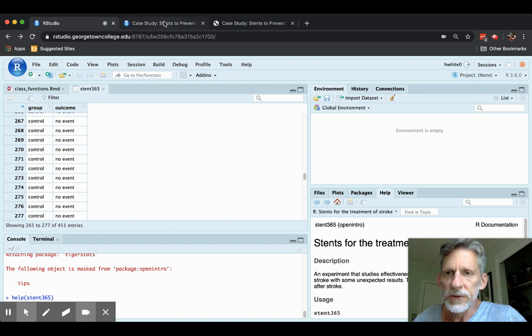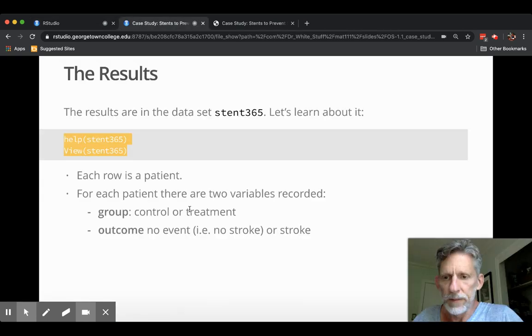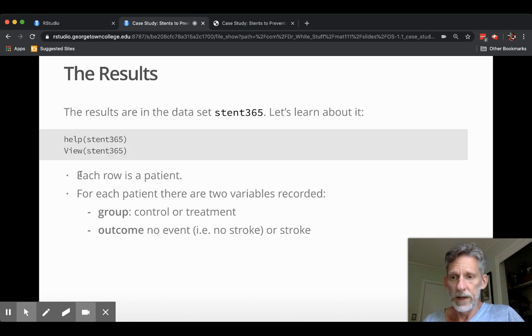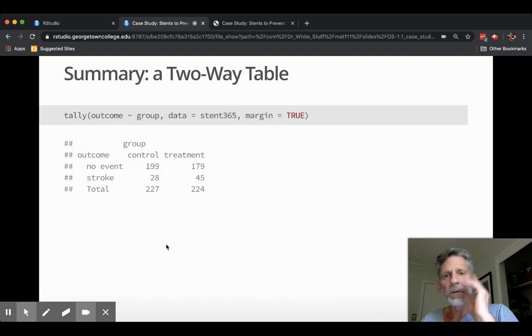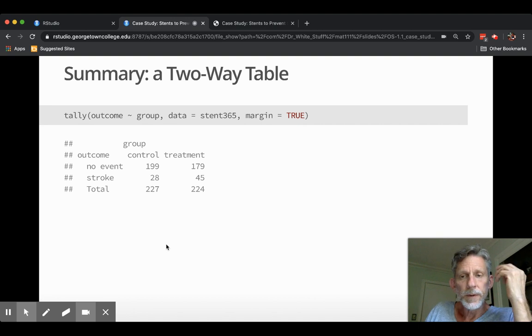Okay, so we've done a pretty good job there of learning about the data. And this slide just kind of summarizes what we've learned. Every row was a patient, and then there were these two variables. So what we want to do next is to begin to analyze the data.